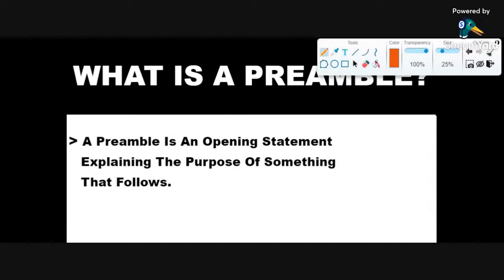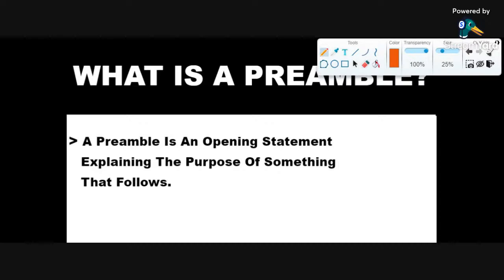Then a preamble can also be the introductory part of a book, what presents a book. So a preamble is the beginning of something, but a preamble is meant to explain what follows. It's an opening statement, all right? It's like you are presenting something, and then you are giving a covering letter or something to present the real thing.